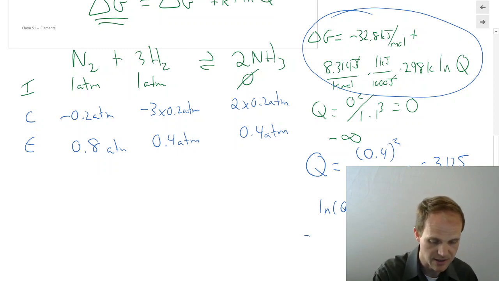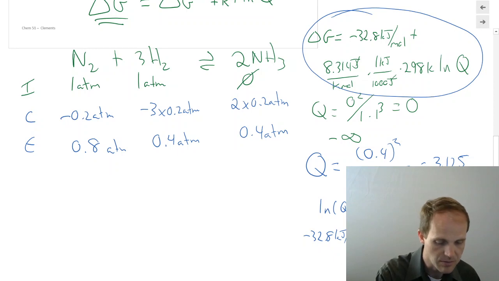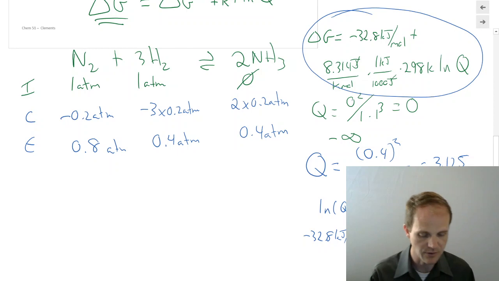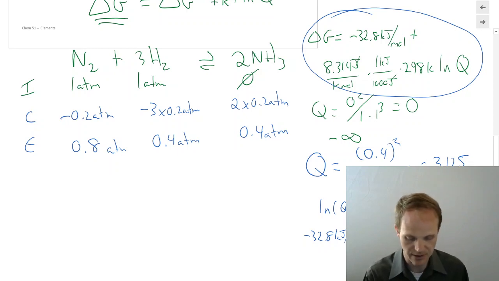We say minus 32.8 kilojoules per mole plus 8.314 divided by 1,000 times 298 times our 1.14, right? The natural log of Q that we got from there. So it's minus 32.8 plus 8.314 divided by 1,000 times 298 times that previous answer.